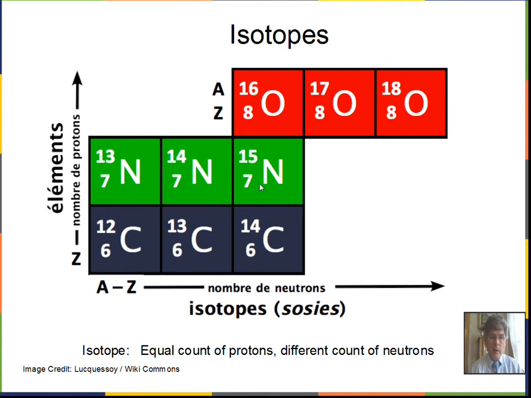let's just pick on this nitrogen. How many neutrons in this nitrogen? There are 7 protons, there are 15 objects, nucleons, in the nucleus. That includes protons and neutrons. So if we use up 7 of this 15 number just with protons, there are 8 remaining, so this isotope has 8 neutrons.